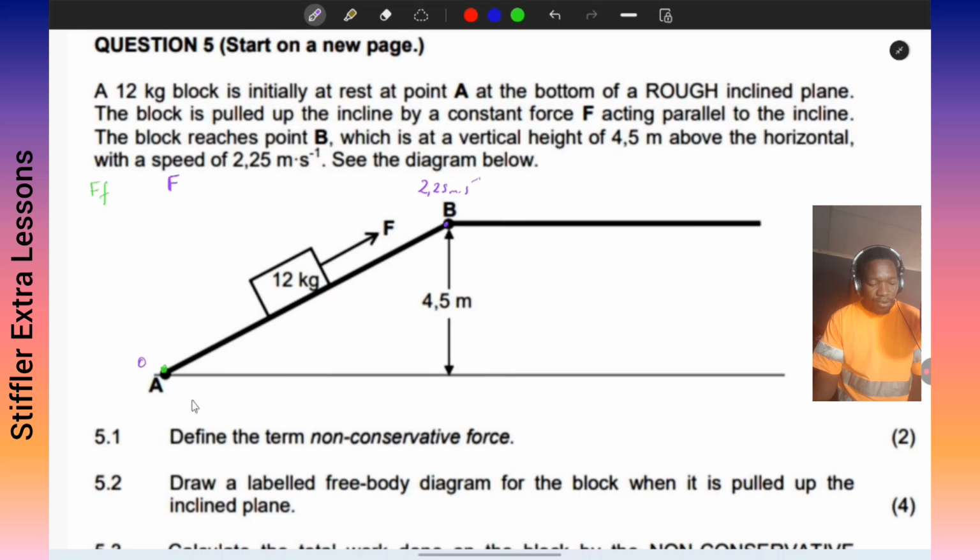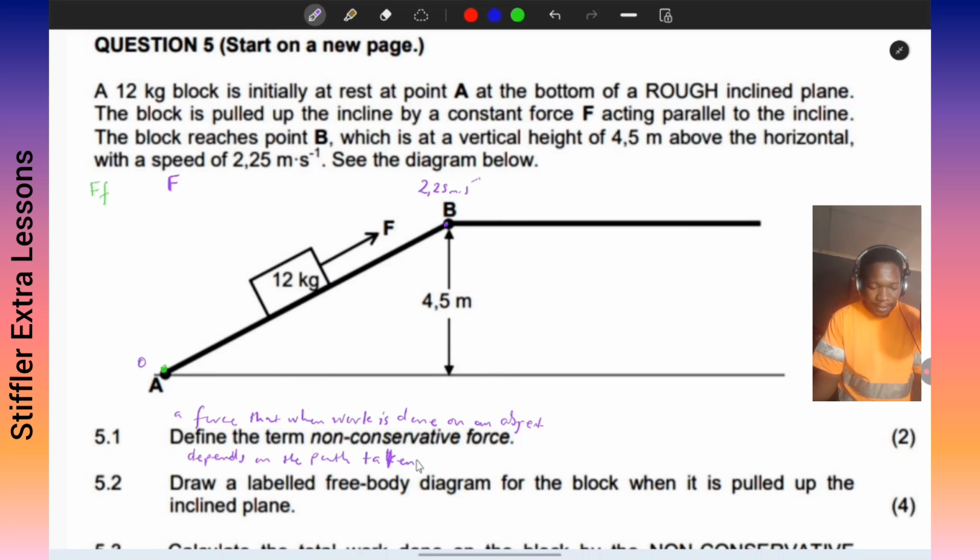A non-conservative force is a force where, when work is done on an object moving between 2 points, the work depends on the path taken.